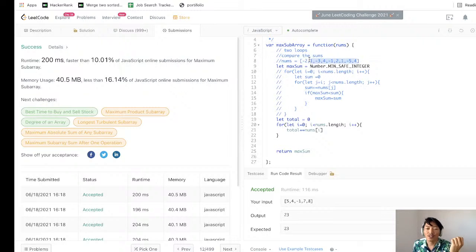So we get this, right? So if both of them are positive, then we will check if these two are equal or not. If these are not equal, which one is bigger?